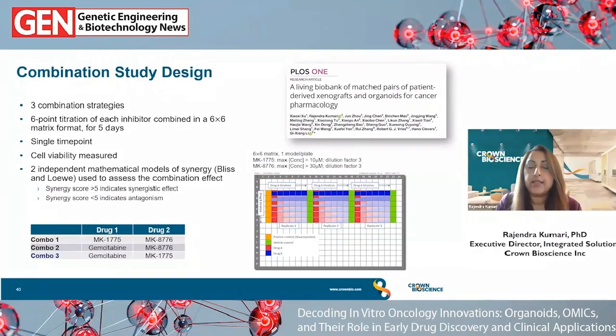The Loewe additivity model is more compatible with cases where both drugs have a similar mode of action, for example, on the same target or the same pathway. So it looks at the power of the two compounds together than alone. And generally, when we are looking at the synergy score, if it's higher than 5, it indicates good synergy, but if it's lower than 5, it indicates poor synergy or even antagonism.